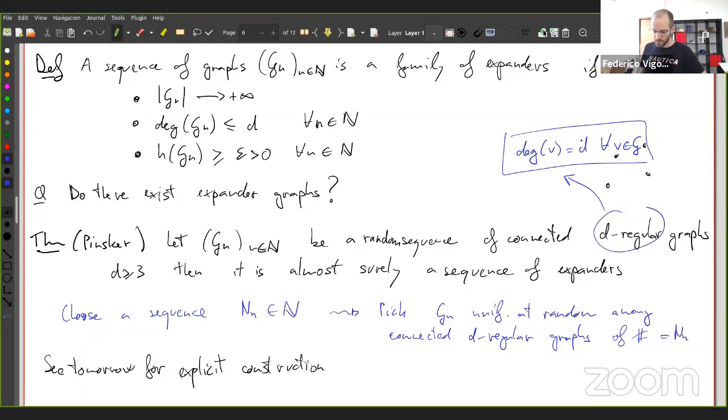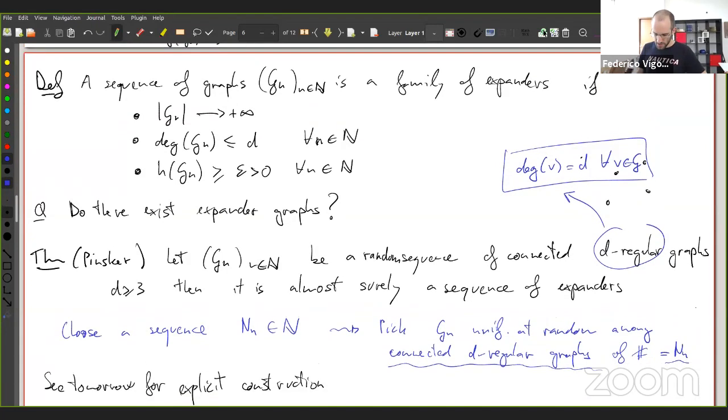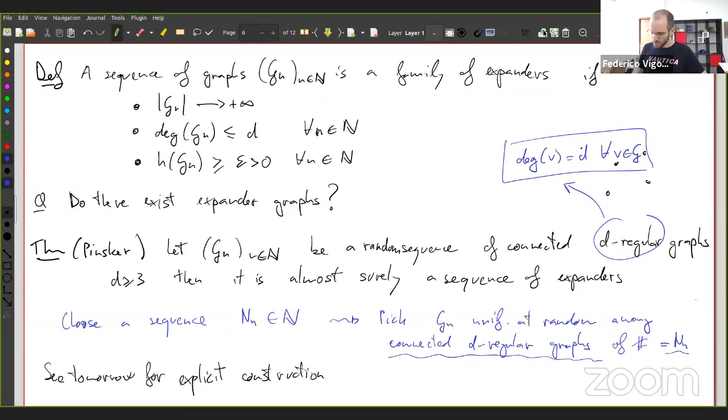That is, this is the set of connected d-regular graphs with n vertices, which is a finite set, so you can pick one at random. I will suggest as an exercise a special case of this theorem, to prove that in some sense some random bipartite graphs are expanders. I'm not completely sure what the original statement is, but you will do some statement as an exercise. Thank you for the question.